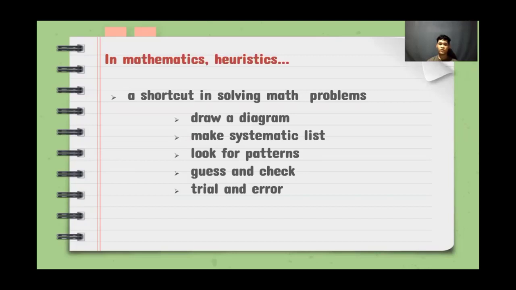It is used when solving an equation with multiple operations. Other examples are draw a pattern, make a systematic list, look for patterns, guess and check. And the most basic heuristic used in math class is trial and error.